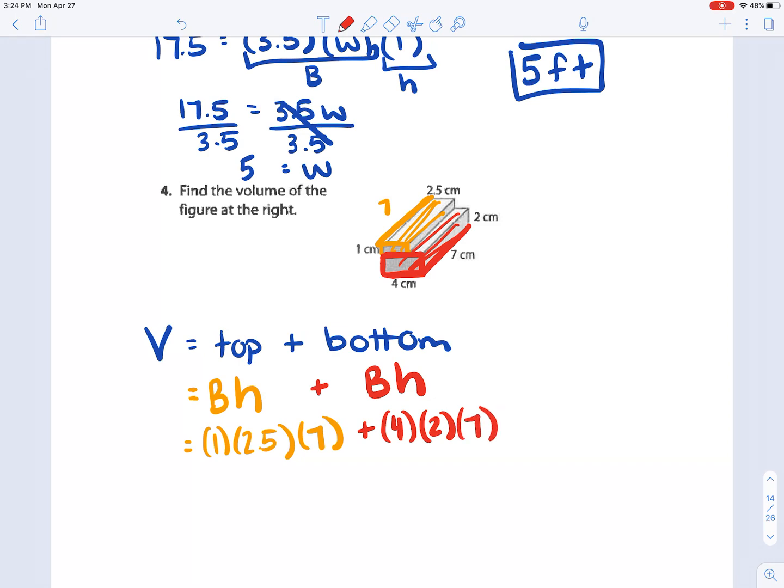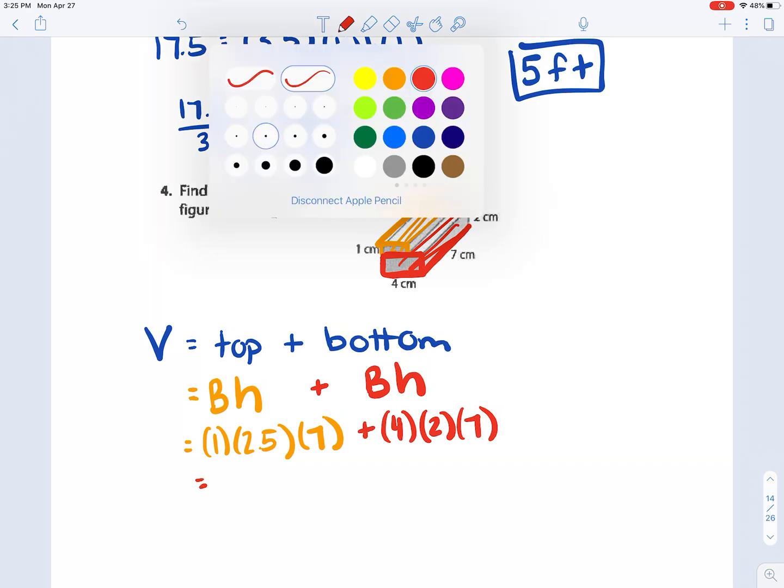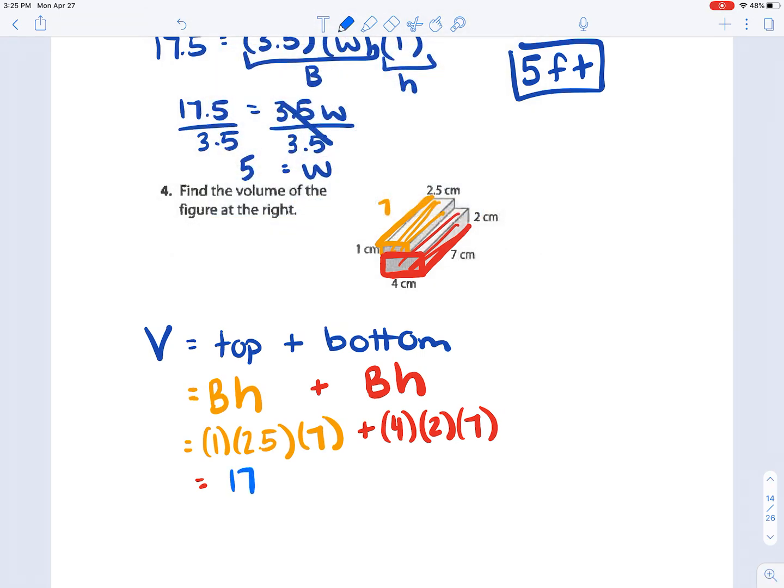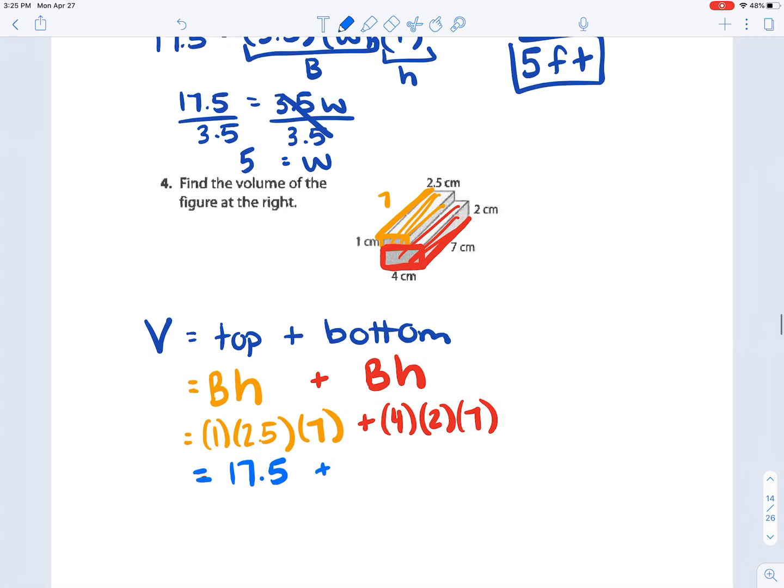So now I'm going to go ahead and go to my calculator. I'm going to start out by doing 1 times 2.5 times 7 to get 17.5. And then I'm going to do 4 times 2 times 8 to get 64.